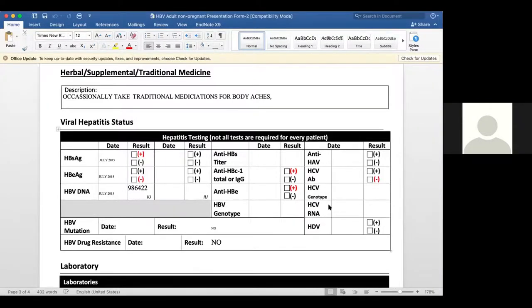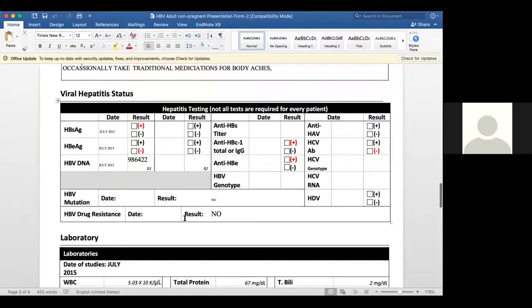And their Hep B DNA, sorry, was 986,000. Okay, so E antibody positive, core antibody positive, surface antigen positive, E antigen negative, and their Hep B viral load is known, they're Hep C negative.